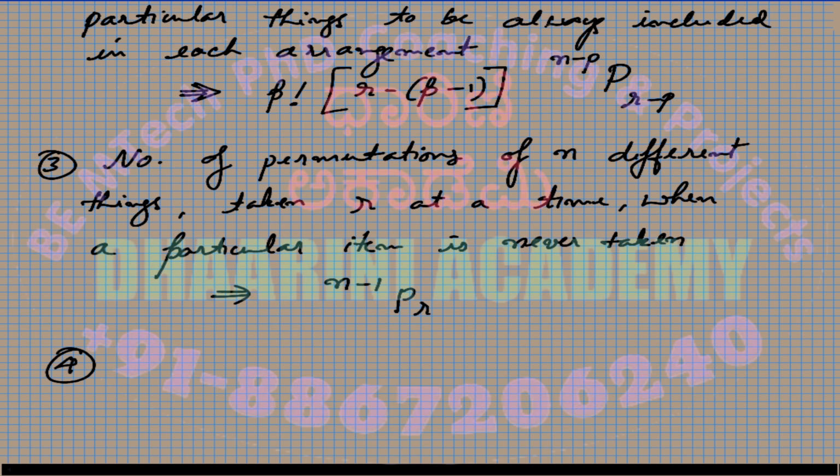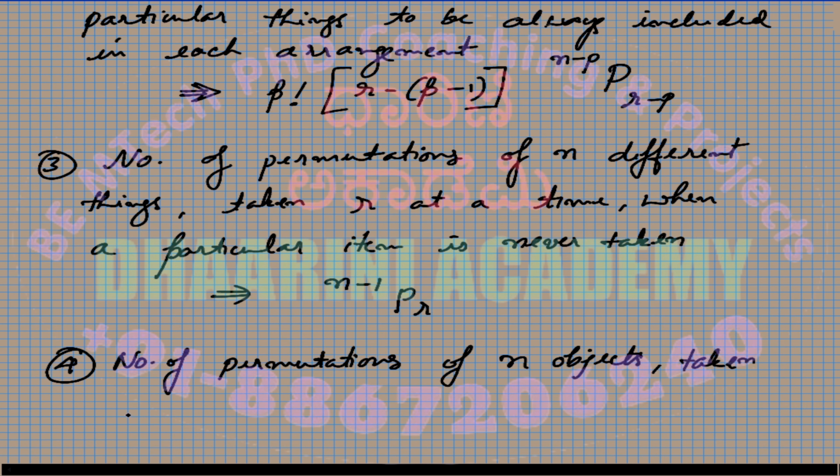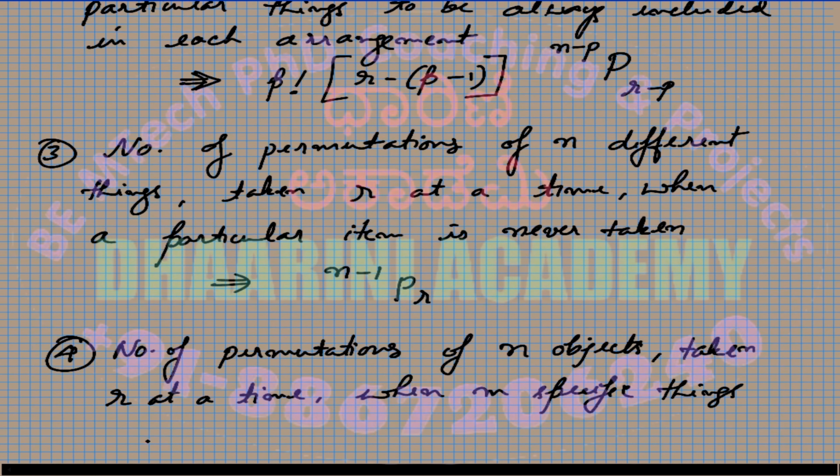Next, point number 4. The number of permutations of n different objects taken r at a time when m number of specific things always come together, right?